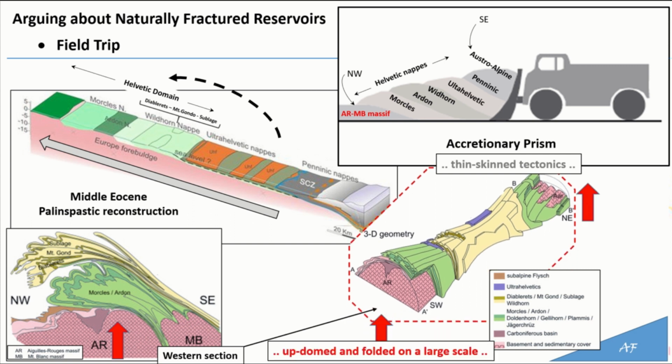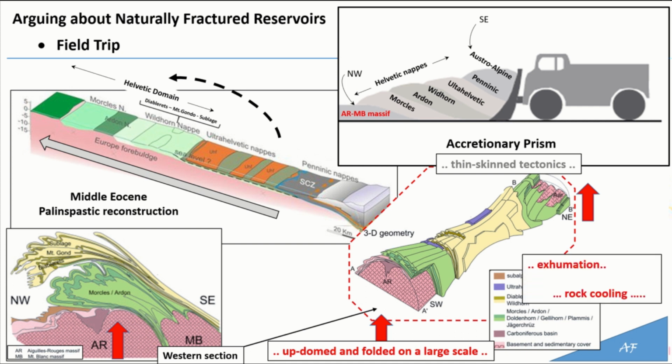The second stage of compression started in the early to middle Miocene. The nappe stack was updomed and folded on a large scale, about 10 km across, with an amplitude that is related to the crustal-scale thrusting. This stage was associated with rock cooling related to the progressive exhumation of the Alps.